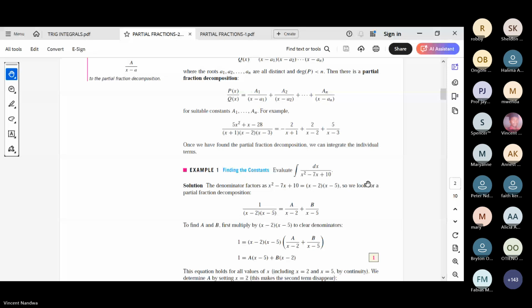Remember, when x equals 5, we don't have A. I want us to start with solving for A, so that the term which has A is not 0, but the term which has B is 0. So x is 2. When you fix x to be 2, we are sure that B will not be in the equation. So let x be 2. When x is 2, the left hand side will be?